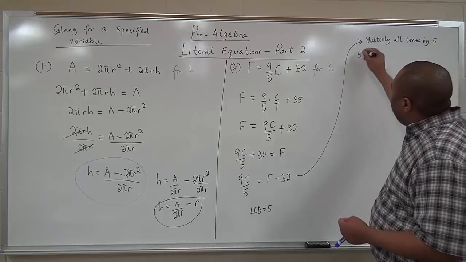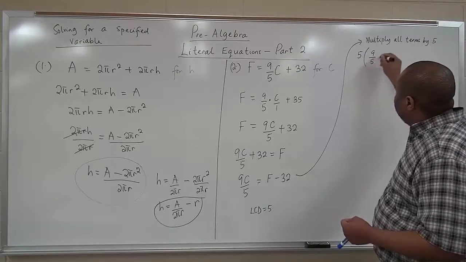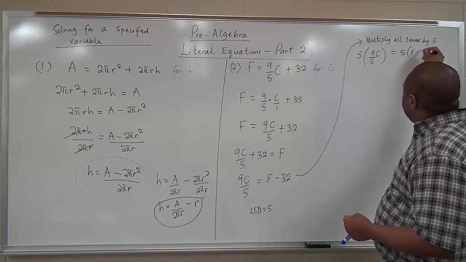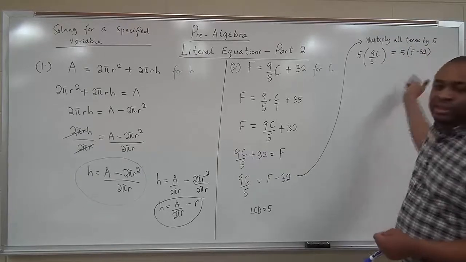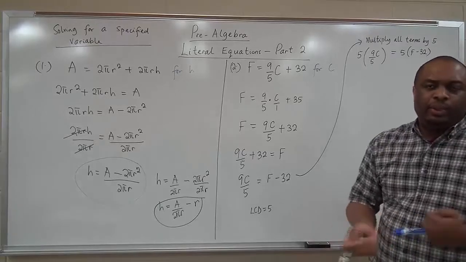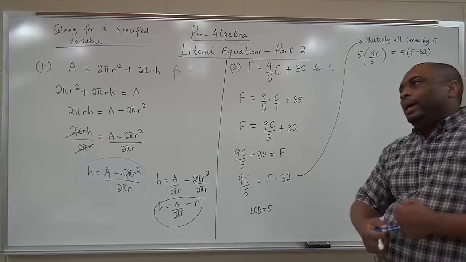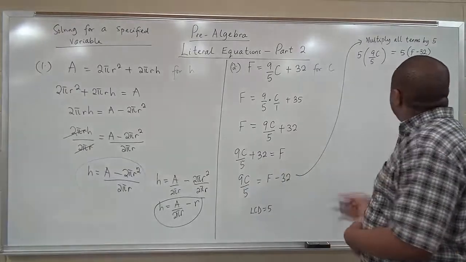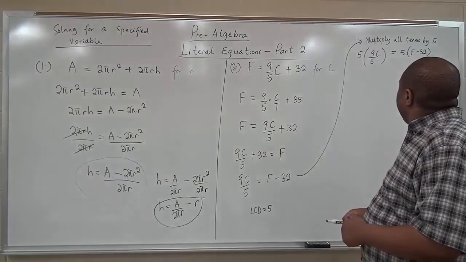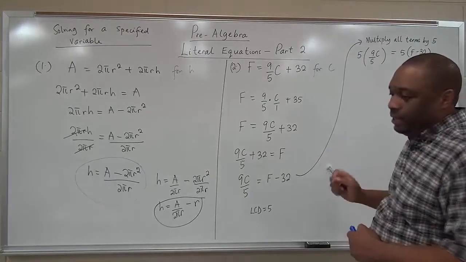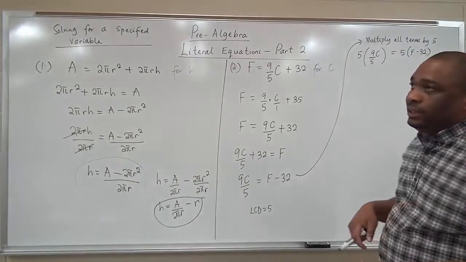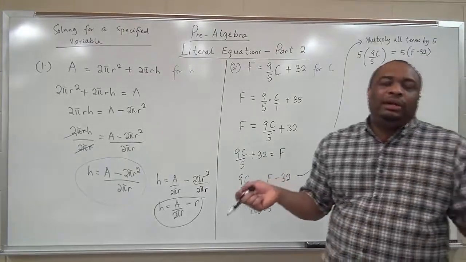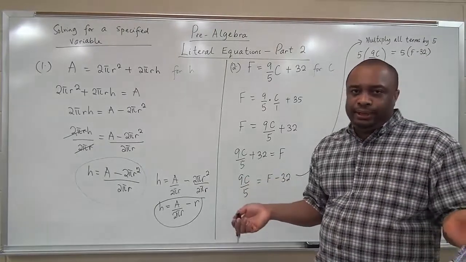So this means 5 times 9C/5 is equal to 5 times F minus 32. And you don't need to distribute this, unless you want to. If you distribute it, it becomes 5F minus 5 times 32, which is 160. But you actually don't need to distribute it.